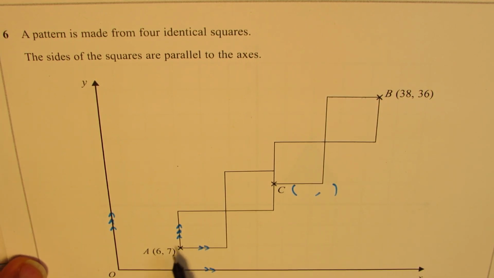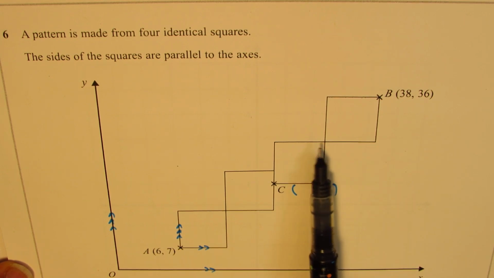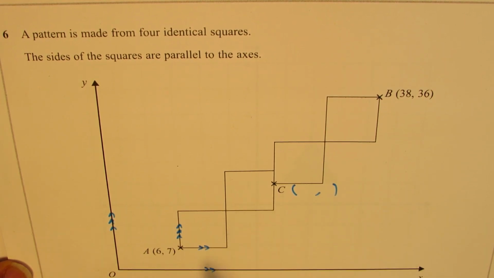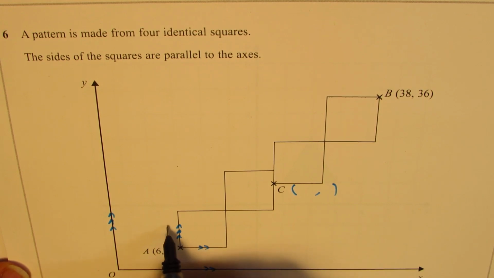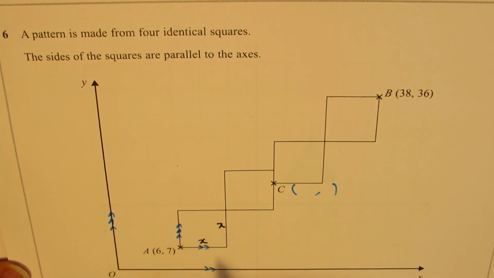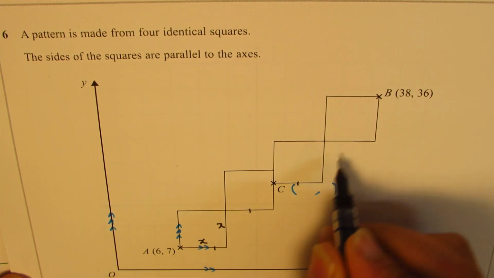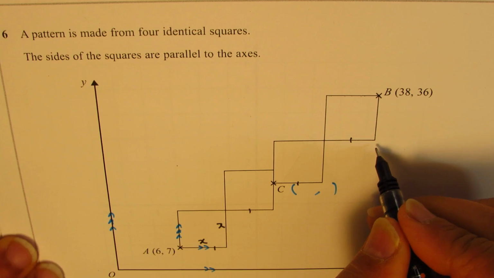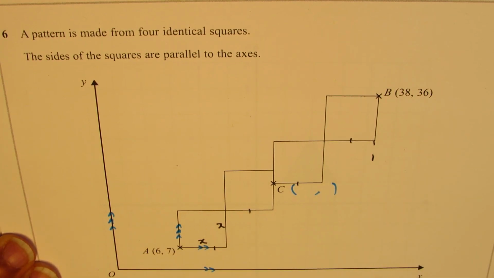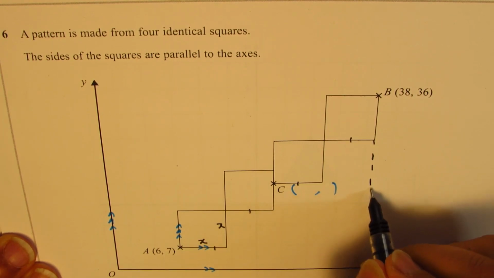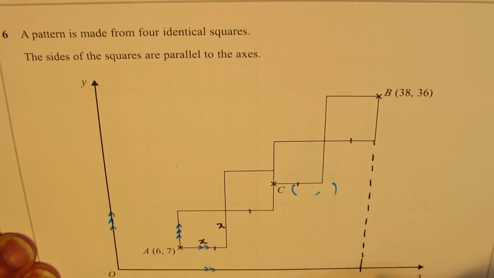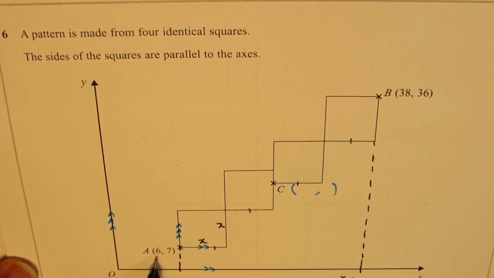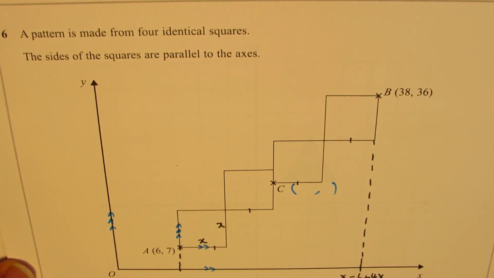Now, as far as the width is concerned, it is constantly moving by, let's say the sides are x units, right? So this is x and this is also x. So let's go horizontally. We have 1x, 2x, 3x, 4x, right? So as far as this point is concerned, here x should be equal to 6 plus 4x.